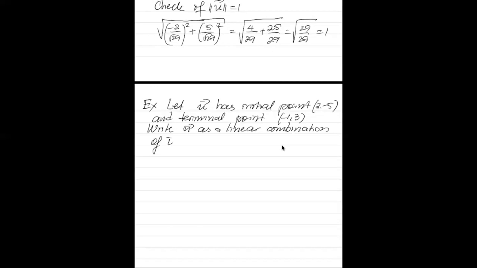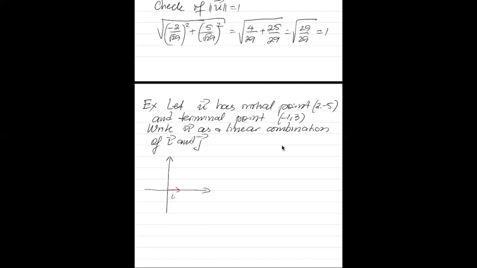So I and J are special unit vectors. They're special because they're along the x and the y-axis.